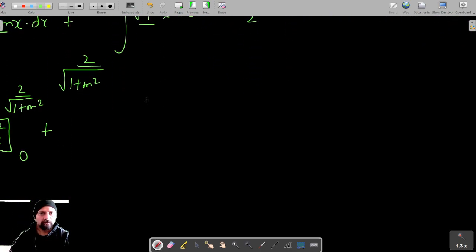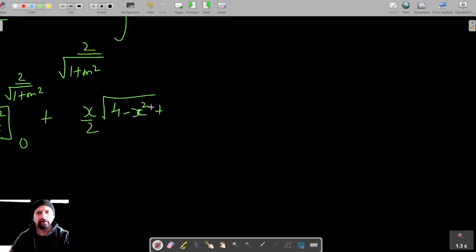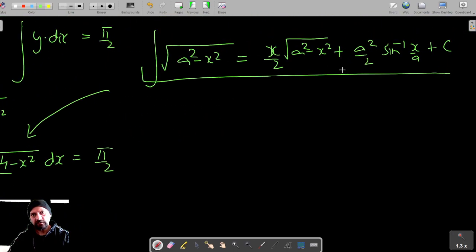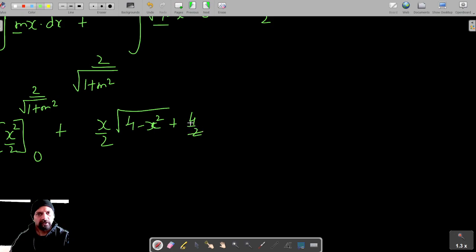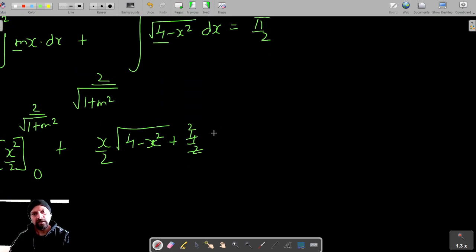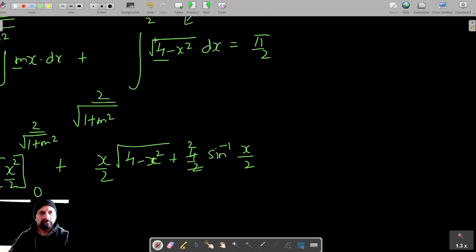So it's x by 2 under root of 4 minus x square plus a square by 2, so a square is 4, so 4 by 2 is 2, and it's sine inverse x by a, which is x by 2.